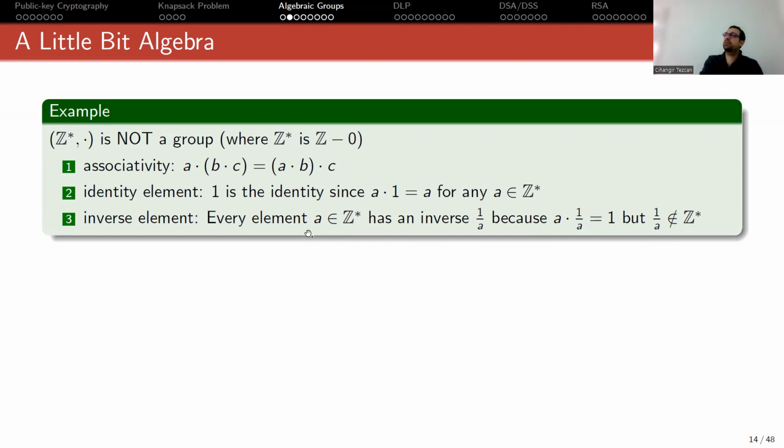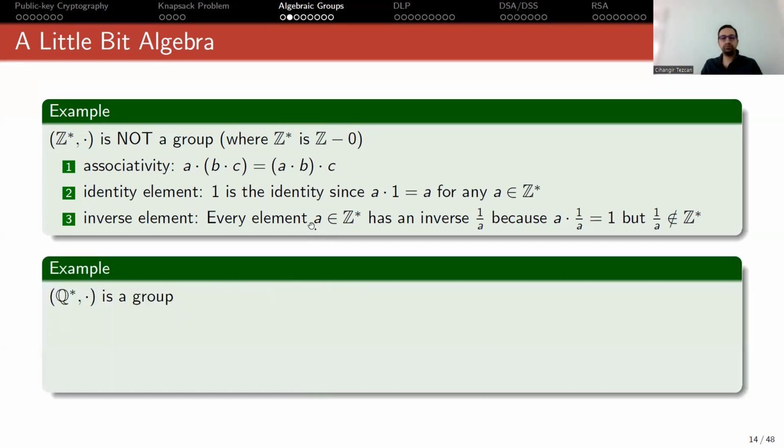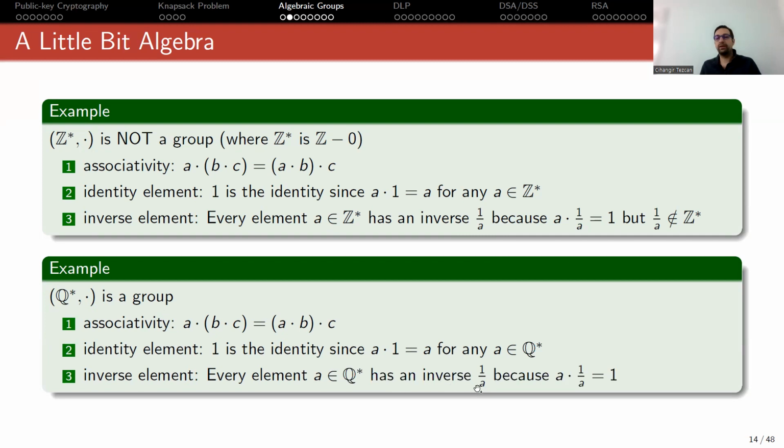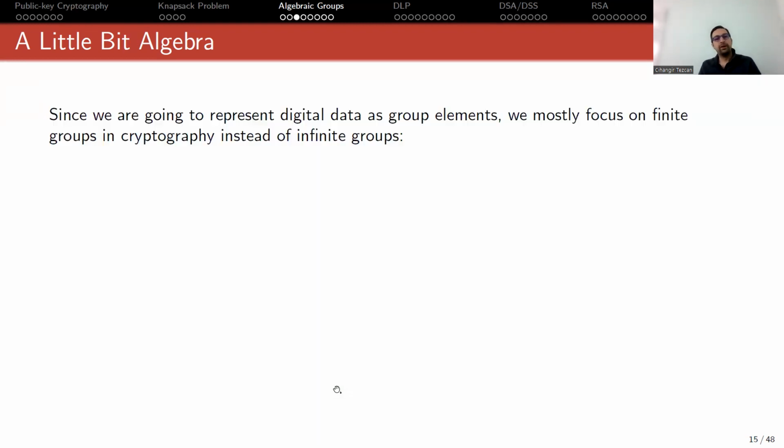I cannot multiply 3 with an integer and end up with 1. So this is not a group. As you can see, since this is the main problem here, if I focus on rational numbers, then this becomes a group, right? Because now 1 over A is a rational number, so it is in this set, so it satisfies these axioms.